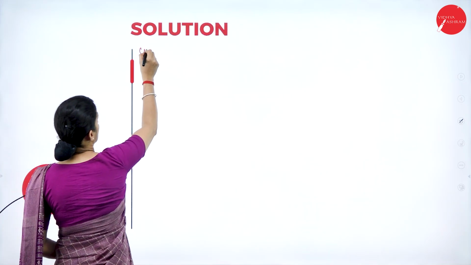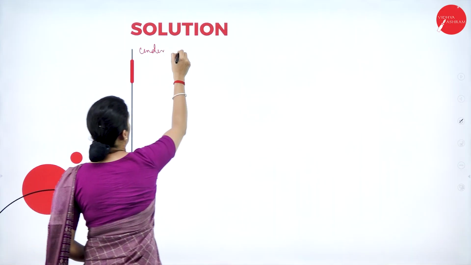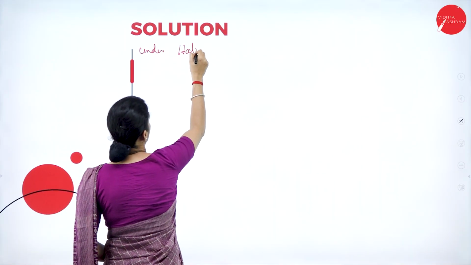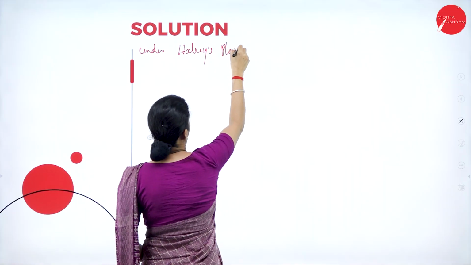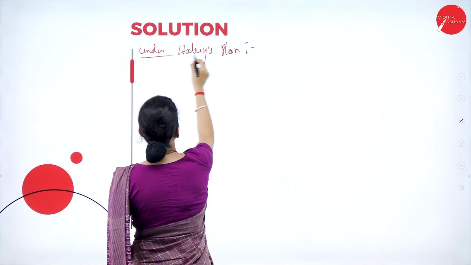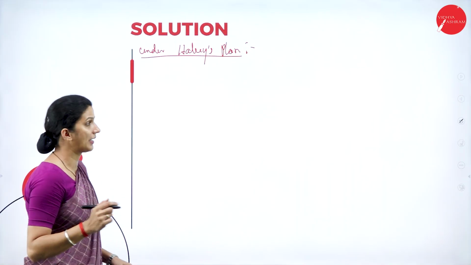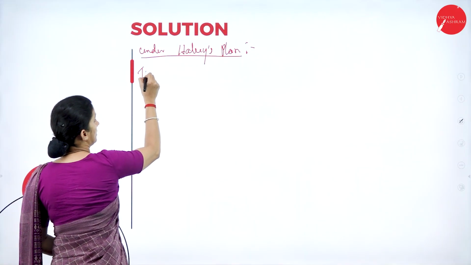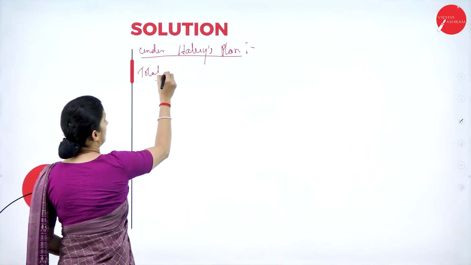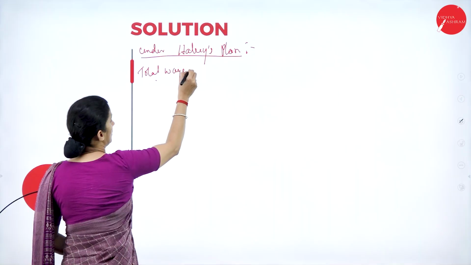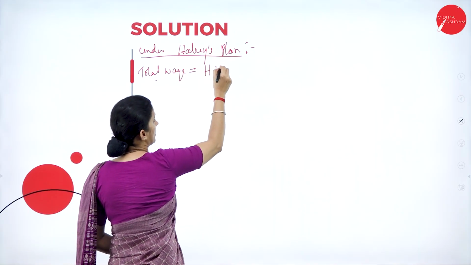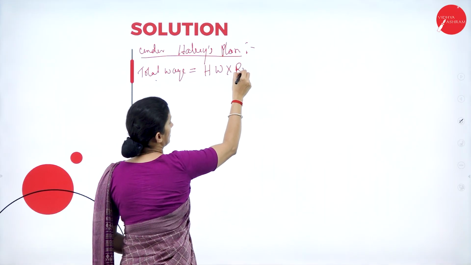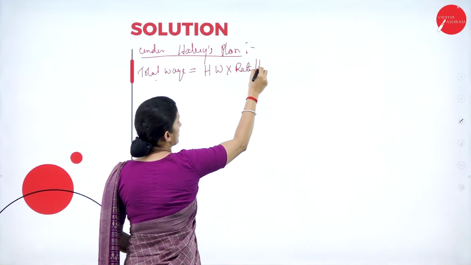First we'll calculate under Halsey's premium plan. Under Halsey's plan, your total wage formula: total wage is equal to hours worked into rate per hour.